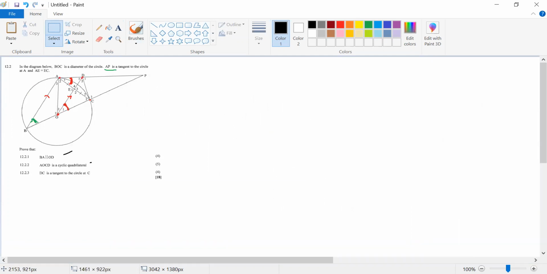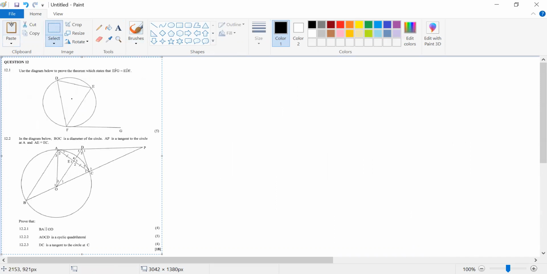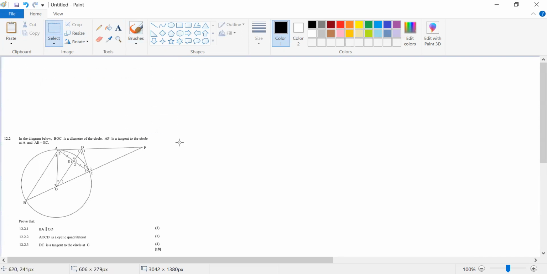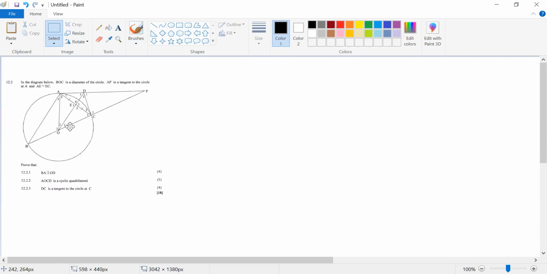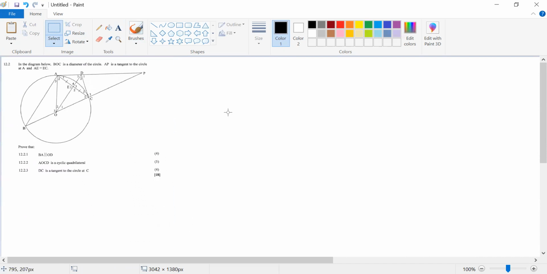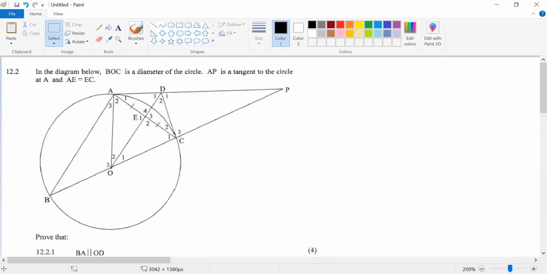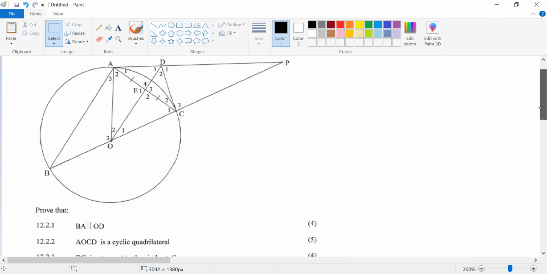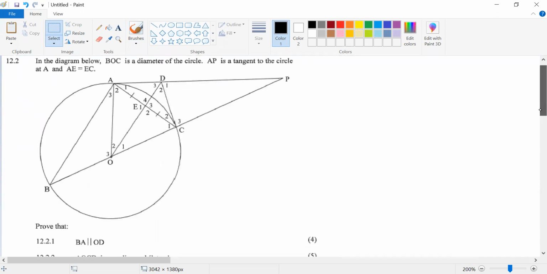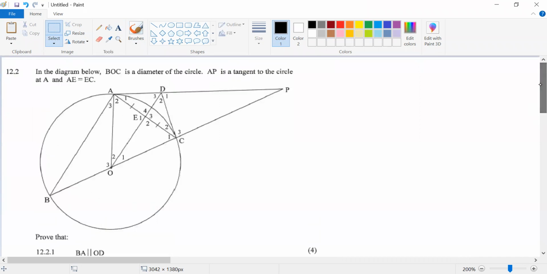So we need to prove that DC is a tangent to the circle at C. So let's clear up the mess that we have and evaluate this question. So for DC to be a tangent to the circle at C, let us take a look at what would have to happen. All right, so DC is this line right here.